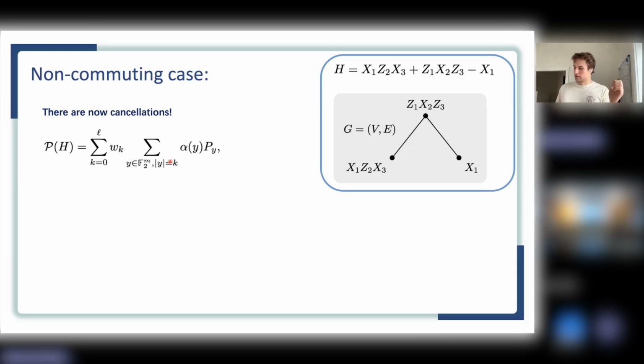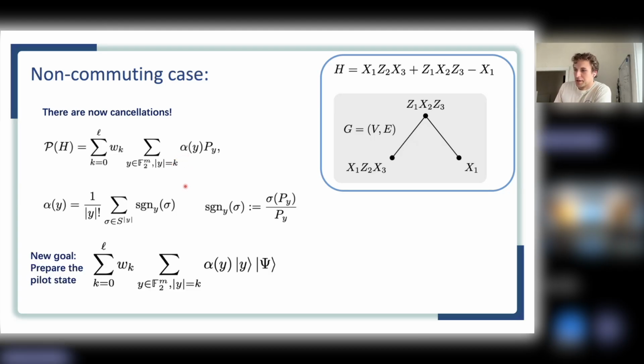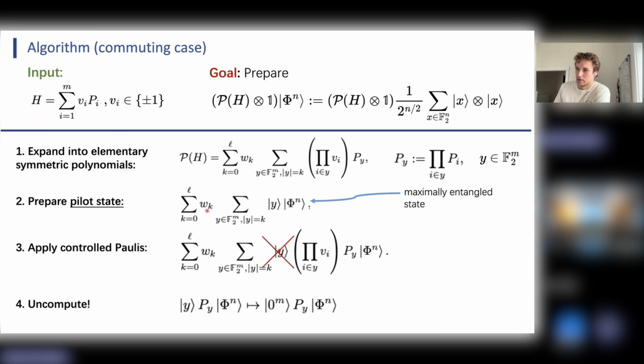So in the end, you get an average sign, averaged over all reorderings, which will be some number between -1 and 1, arising due to cancellations. The only thing that you have to modify in this whole routine is step 2. You only have to change which pilot state you prepare. Everything else is just the same.